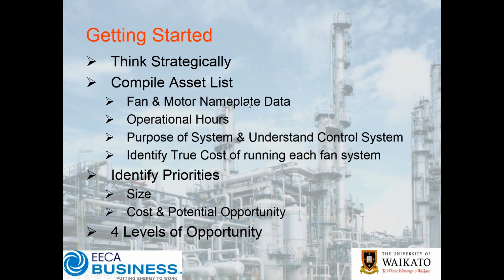Then as you start to dig in, you'll understand the true cost of running your system and where the opportunities lie. And then as we do that, we can ultimately identify our priorities in terms of size, or in terms of the cost and the potential. And ultimately, we can assess what we can get done immediately and what's going to take a little bit longer. And so this is where we come back to the 4 levels of opportunity.